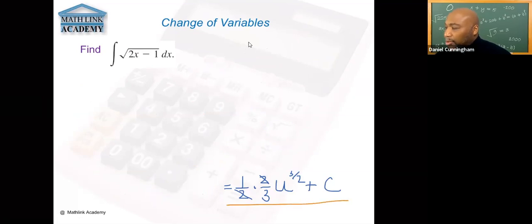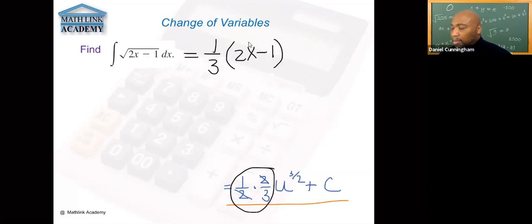And so the final answer, you write this. This is equal to 1/3. Our u was 2x minus 1, to the 3/2 plus c. And that'll be my final answer because I have to write it in terms of x.